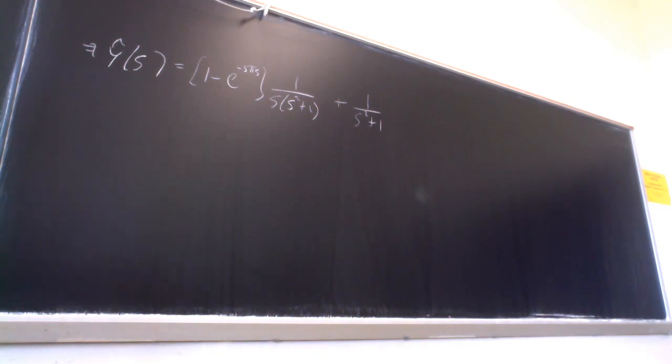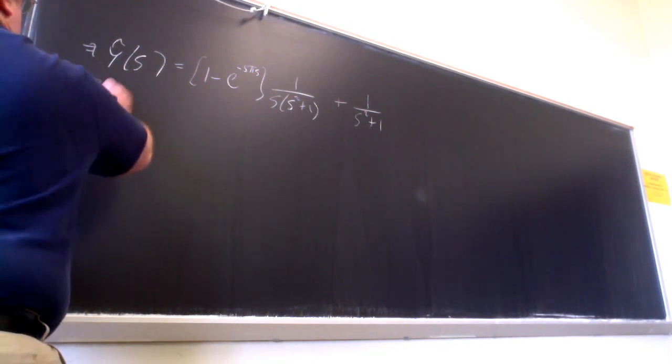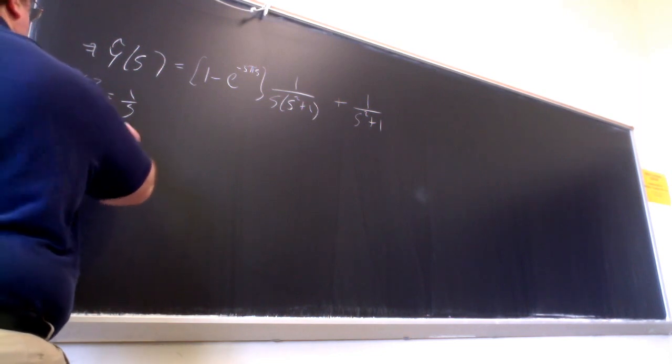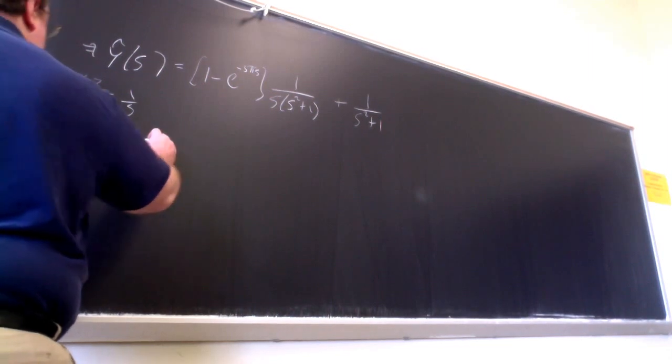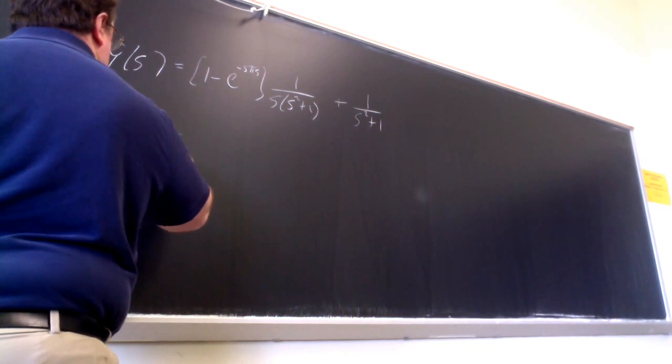Now that last term is going to be relatively easy to handle. It's actually going to fit one of our rules exactly. The rules that you're going to need here: the Laplace transform of 1 is 1 over s. We've seen that already. The Laplace transform of cosine bt is equal to s over s squared plus b squared.